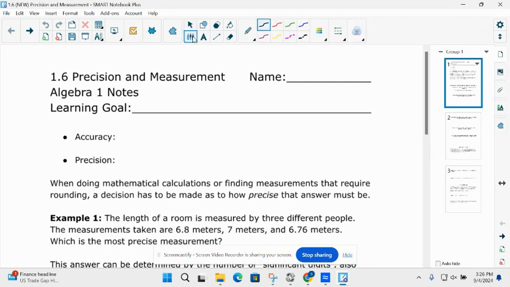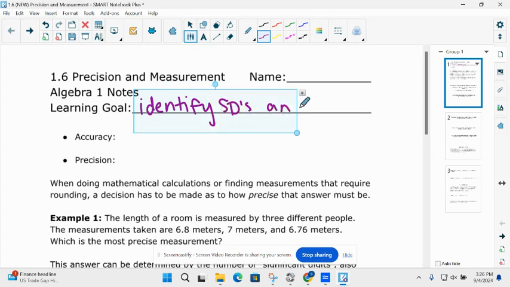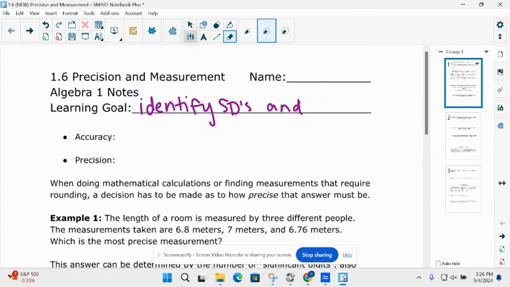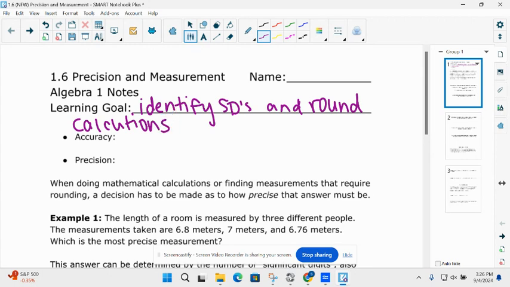Your learning goal is to be able to identify the number of significant digits, which I'm going to abbreviate as SD, and round calculations using the correct number of significant digits.